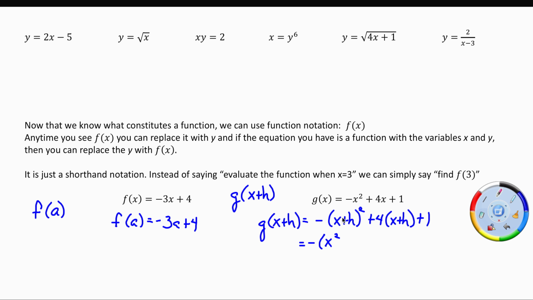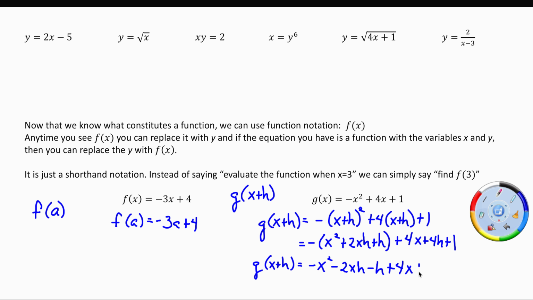Square the first one. Multiply everything together, so x times h, and double it. And square the last one. Distribute that 4. And then finally also distribute that negative. Negative x squared minus 2xh minus h squared plus 4x plus 4h plus 1.